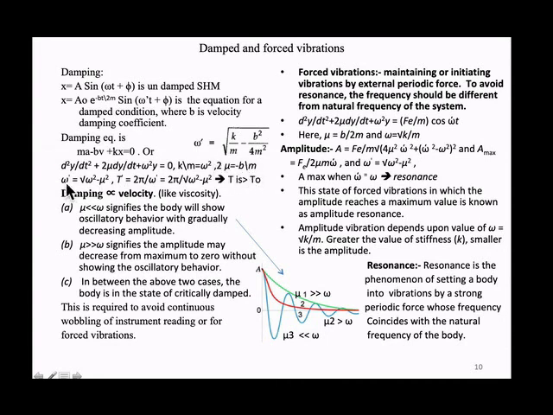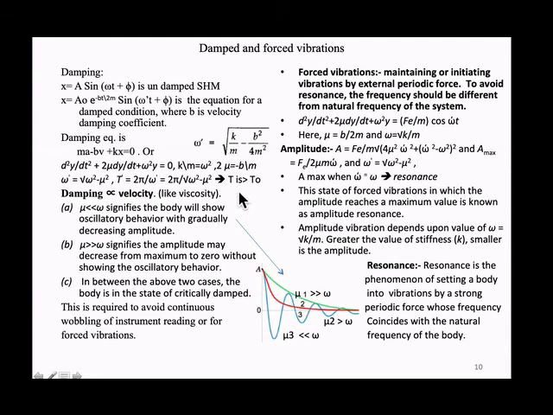So what is omega dash? Here omega dash is the square root of omega square minus mu square. Mu is b by 2m, so mu square is b square by 4m square. So omega dash is the square root of k by m minus b square by 4m square. So omega dash square is omega square minus mu square. If mu comes to this side, omega square is equal to omega dash square plus mu square.